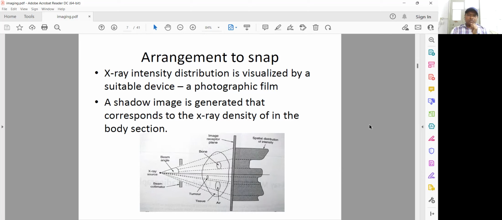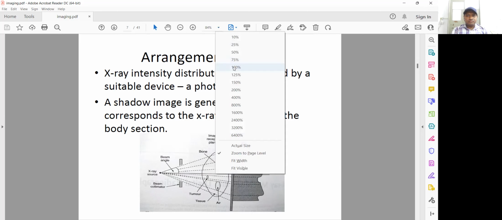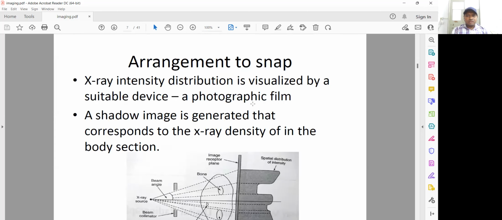Over here in this figure, I have tried to show you. Let me zoom it much further, so let us see the image very clearly.